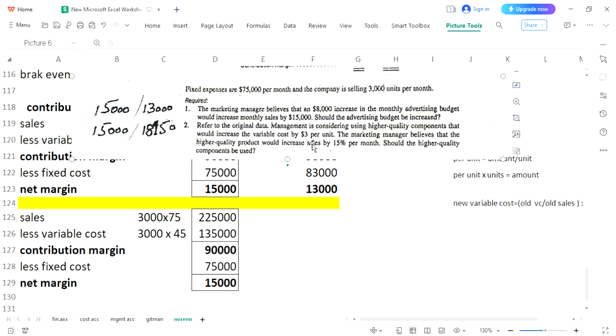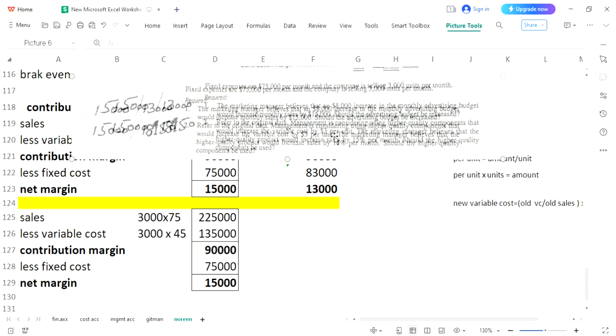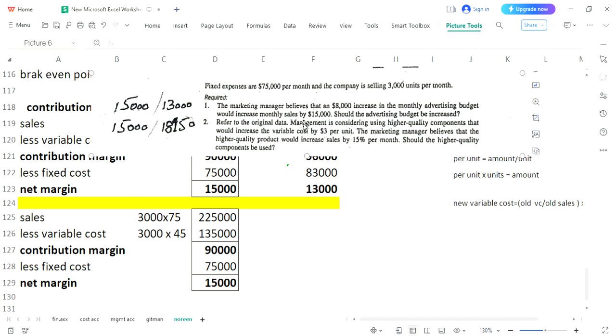If quality is increased, demand for that product will increase, and your level of sale would also increase. It could be profitable. But again, we will not believe blindly, as we have seen an 8,000 increase was causing a 15,000 increase in sales. So we didn't trust it blindly. We calculated and decided no, it was not a fruitful decision.